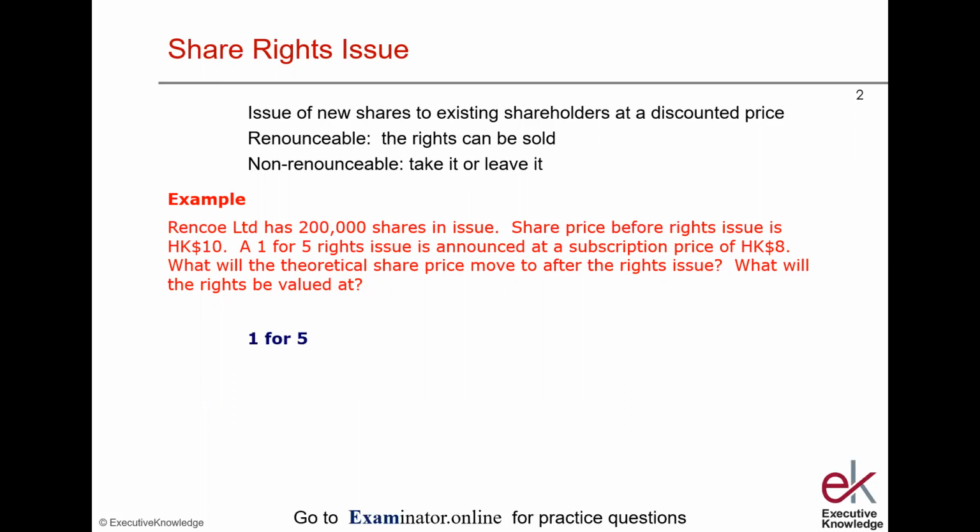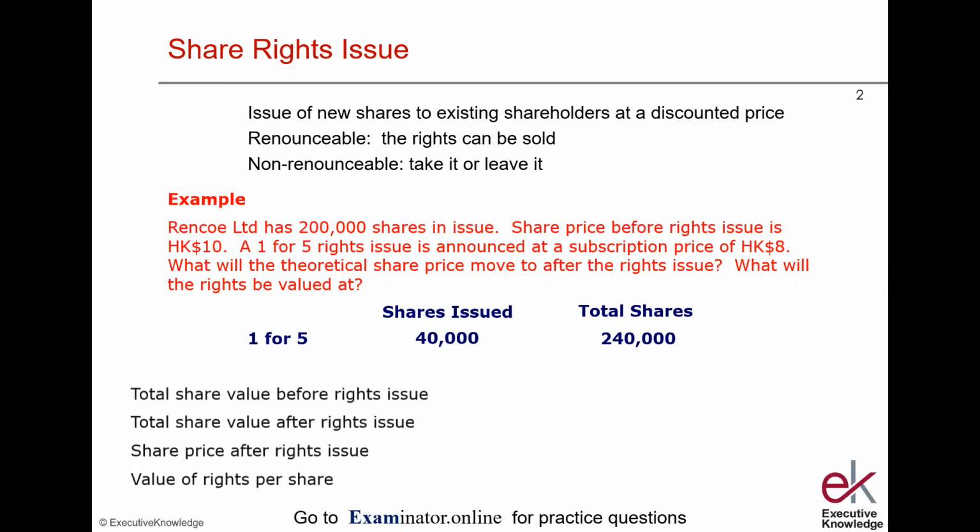So if it's a 1-for-5, for every 5 you hold, you get 1 more share or the right to subscribe. There are 200,000 shares in issue. 200,000 divided by 5 gives us 40,000. So the rights issue will involve 40,000 shares being issued. That will take the total shares of the company to 240,000.